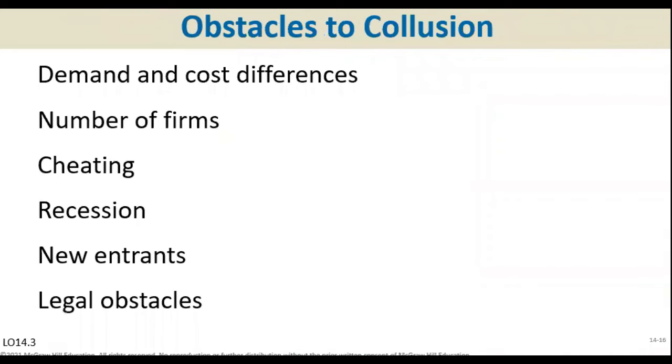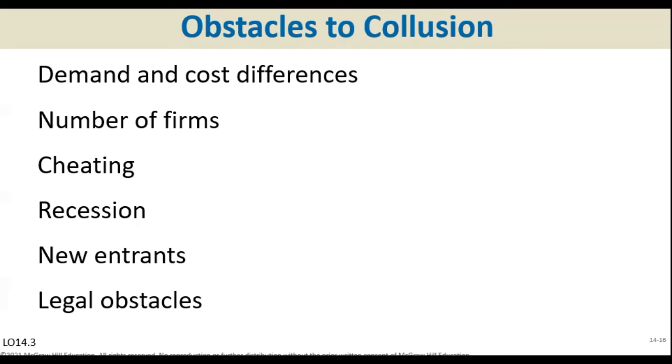So here are some of the obstacles to collusion, right? For collusion to work, you have to maintain that agreement. And we know that each firm getting into the industry faces different challenges. The cost and the demand differential can create a problem for the firm members to keep the collusion, right?